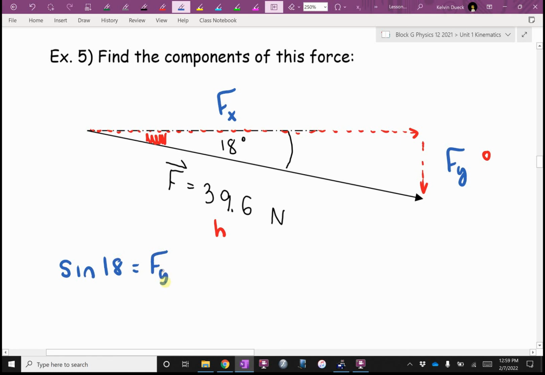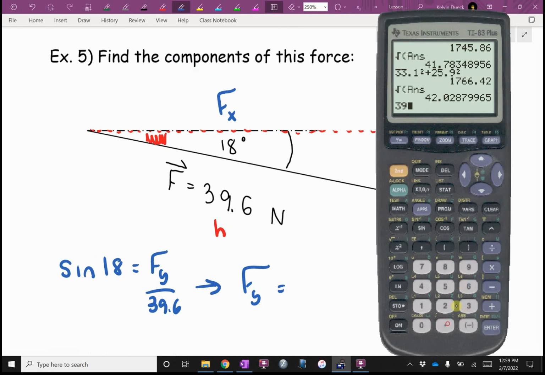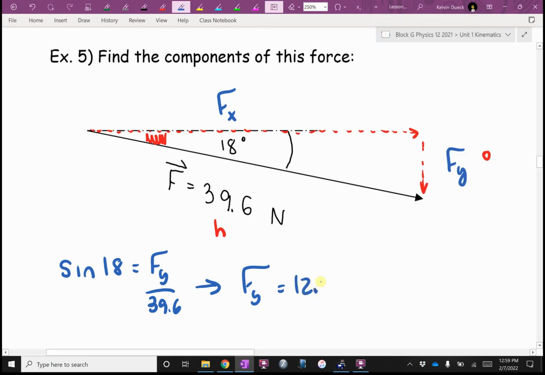It's going to be Fy over 39.6. I guess it's going to be 39.6 times the sine of 18. And I get 12.2 newtons.